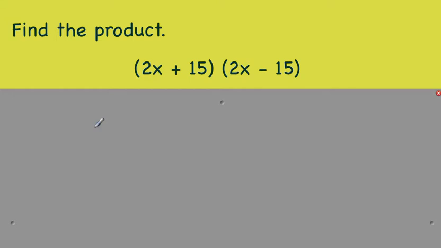So now we're finding this product. So we have 2x plus 15 and 2x minus 15. So there's two options. You can go ahead and recognize that this is a difference of two squares, or you can go ahead and FOIL. But I know that this is in that form of a plus b and then a minus b.